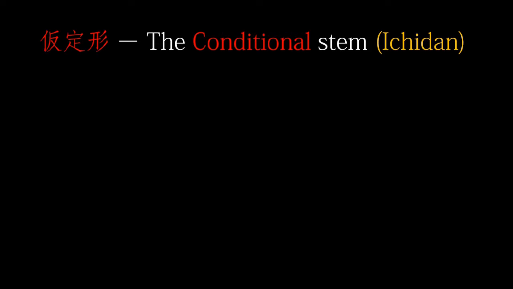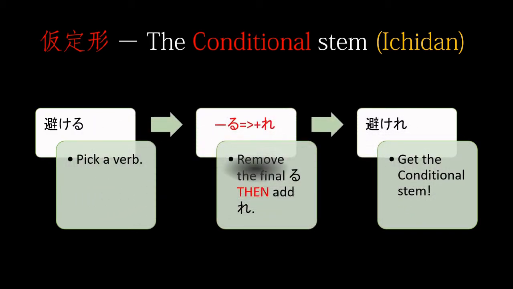And now we are moving on to something more interesting, and that is the conditional stem for our Ichidan verbs, or the one we call the ba form or the ba stem. How is that formed? Now we have a little bit more to deal with here. First, we pick a verb. Like I said, I picked sakeru. After that, we remove the final ru, and then we add re, thus becoming sakere.